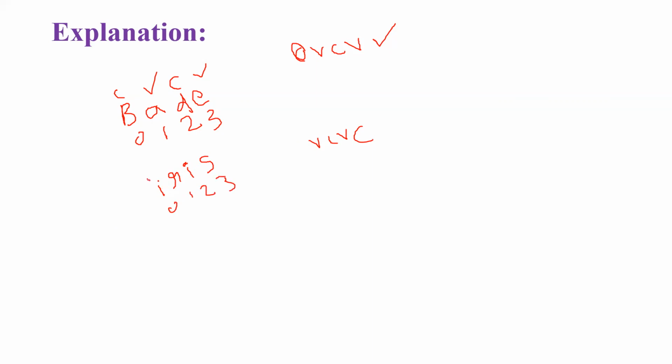This should be vowel, this should be vowel, and all the odd indexes, 1 and 3, right, should be consonant. If this case is satisfied, you can say that this pattern is satisfied. Okay, now if both of these patterns were not satisfied for a string, then in that case you will print the string as invalid. Now let's look at how we can code this problem.